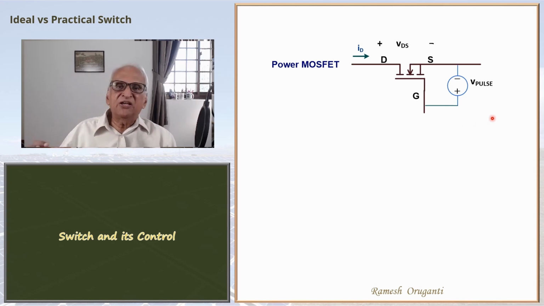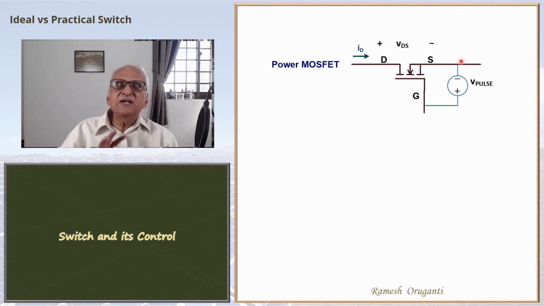And typically, when you give a gate voltage, that switch will conduct. And when you remove the gate voltage or make the gate voltage zero, the switch will switch off. The power MOSFET has certain characteristics. The switch is operated in certain regions in order to make it behave as a switch.